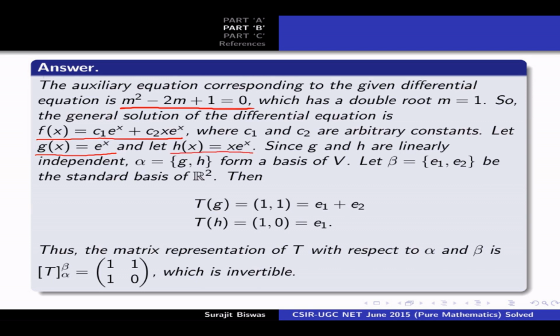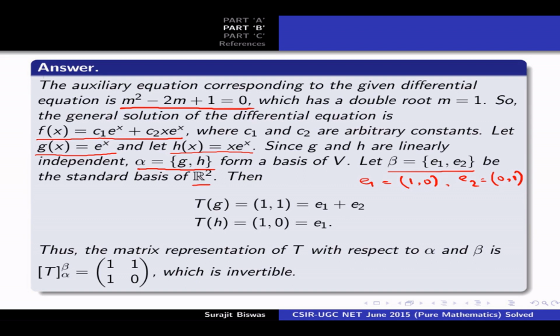Since g and h are linearly independent, alpha = {g, h} forms a basis of V, and let beta = {e1, e2} be the standard basis of R^2, where e1 = (1, 0) and e2 = (0, 1).